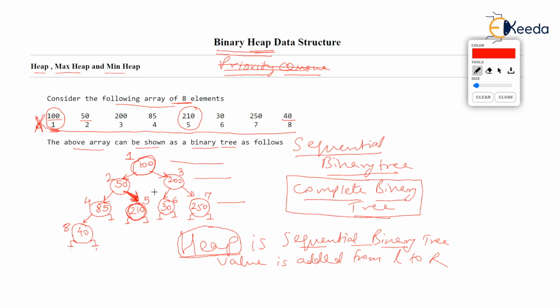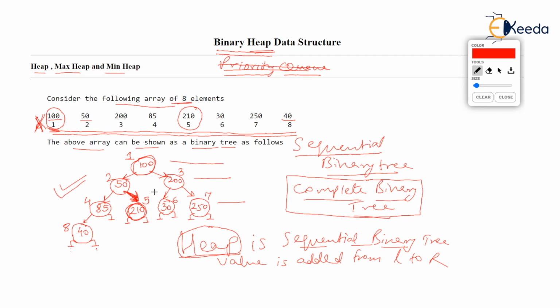Any program on binary heap doesn't need to create a binary tree. This binary tree that we have drawn is just for representation on paper. But the binary heap operations or binary heap creation will be done using an array, and only an array. We will not be creating any binary tree whatsoever.